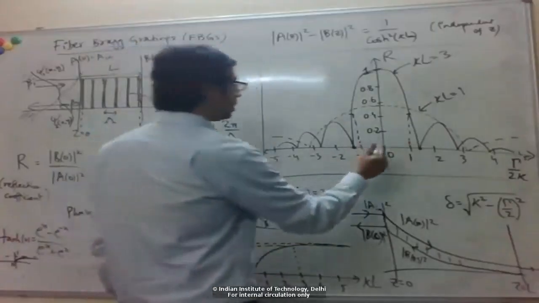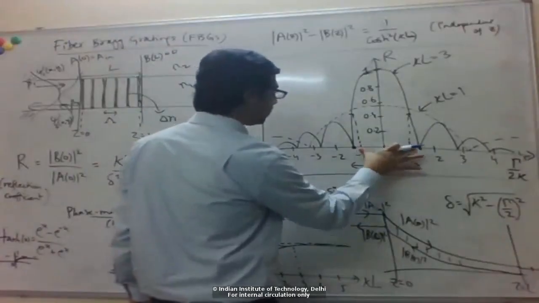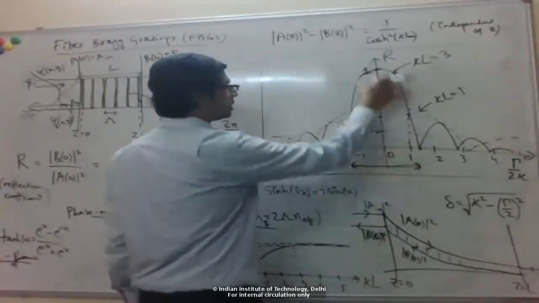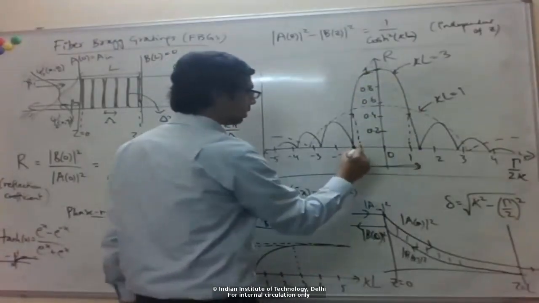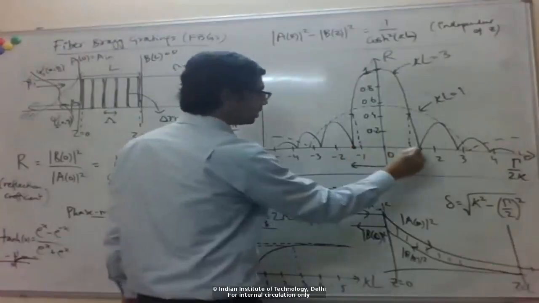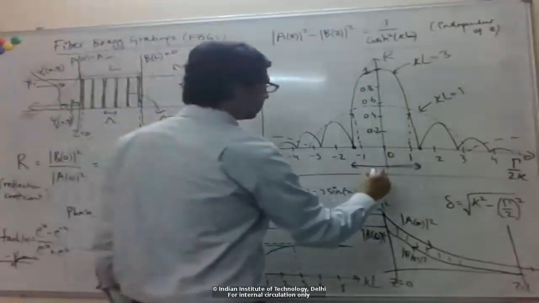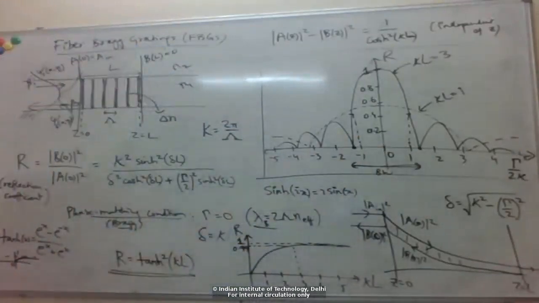So we can define the bandwidth as the range of wavelengths here, between which the reflection coefficient is high. So we can calculate where this goes to 0 on both sides and then say, okay, this is the bandwidth of the central lobe. Right, so you can do that.